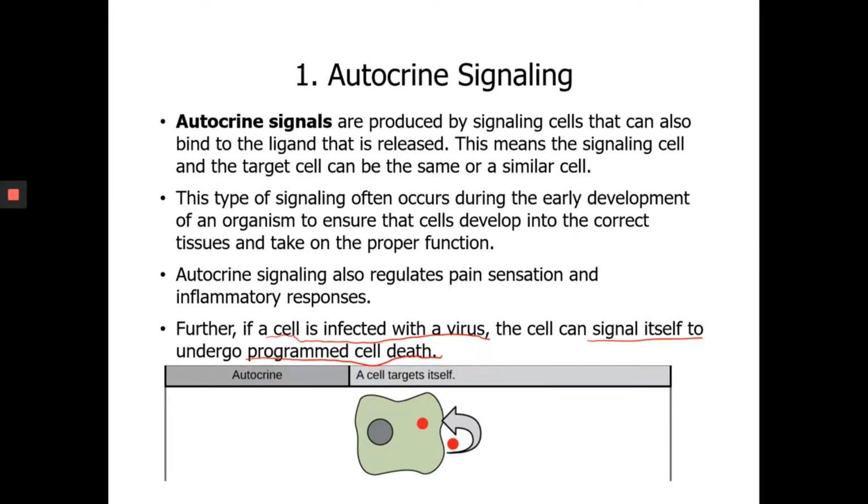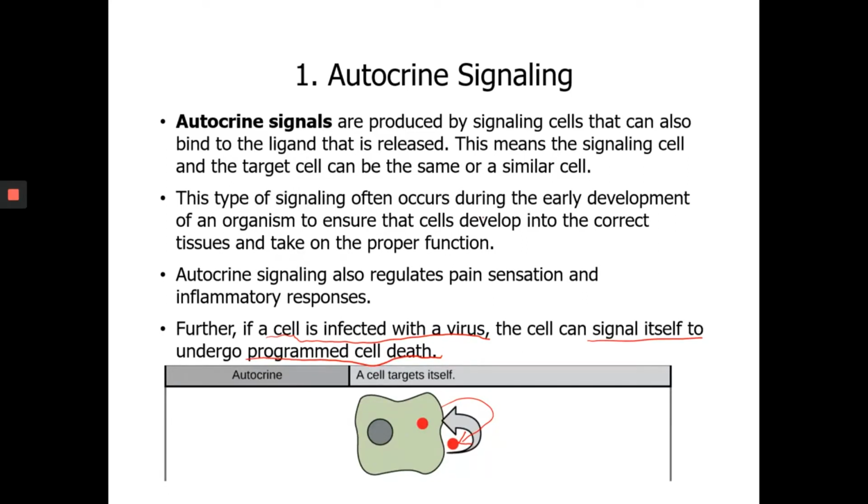This is more like a sacrifice, right? If the cell dies, the viruses cannot multiply. The infection of the virus can trigger the cell to release a cell signal, and then this signal can affect the cell itself and trigger a pathway of programmed cell death.